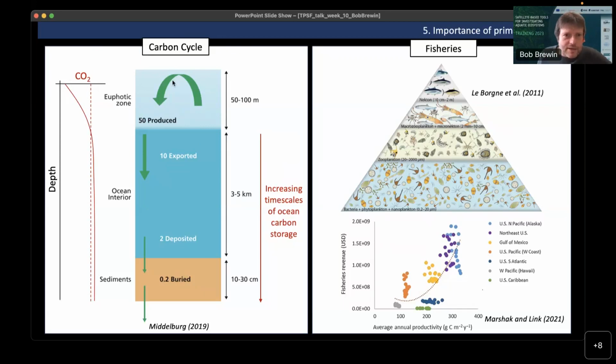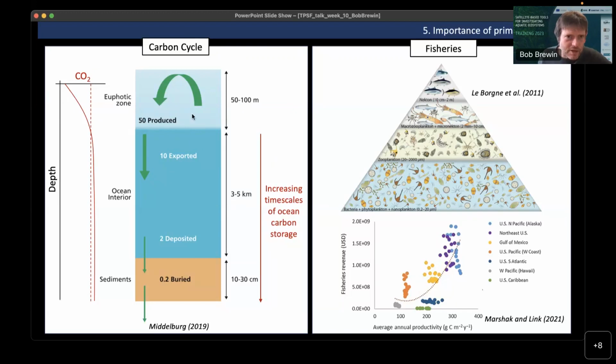Now, a large portion of that primary production produced by phytoplankton at the surface, as we showed in the previous slide, will get respired back from organic carbon into inorganic carbon, so going back to CO2, but a certain amount of it gets exported down into the interior ocean.